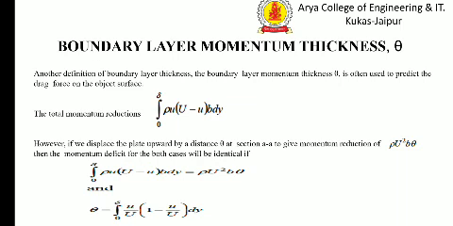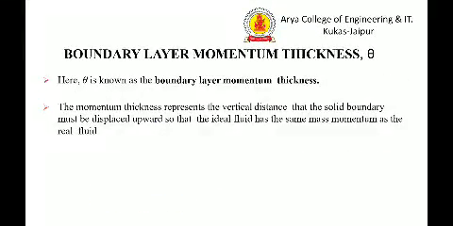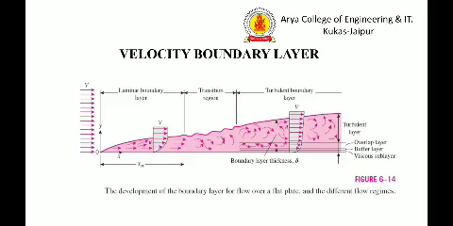After this calculation, we get theta equal to the integral from 0 to delta of u by U times (1 minus u by U) dy. In continuation of boundary layer thickness, theta is known as the boundary layer momentum thickness. The momentum thickness represents the vertical distance that the solid boundary must be displaced upward so that the ideal fluid has the same mass momentum as the real fluid.